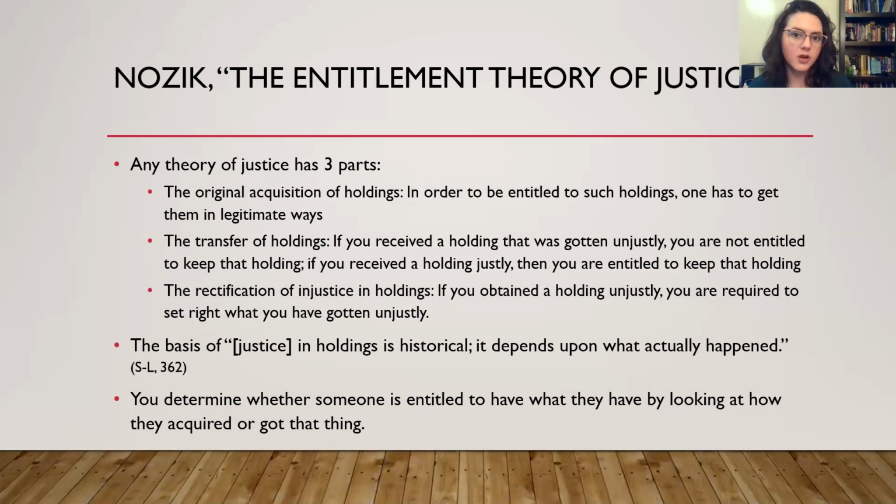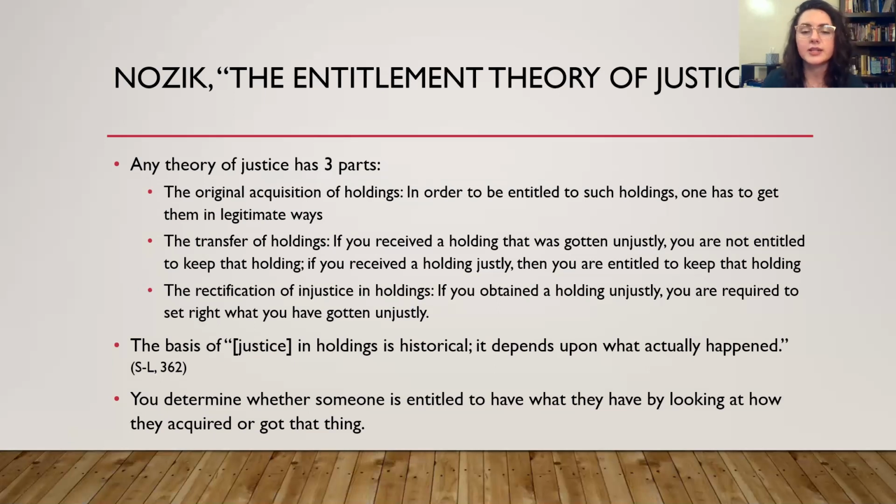So what this means for Nozick is that the basis of justice in holdings, being just in what you possess, is historical. That means it depends on what actually happened. Your entitlement to what you have isn't based on some quality or attribute about you, whether maybe you're smarter than people, or even if you're poorer than somebody else.